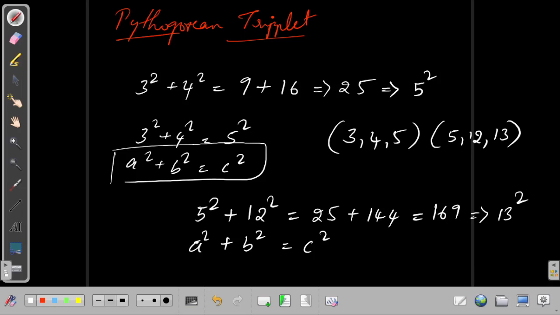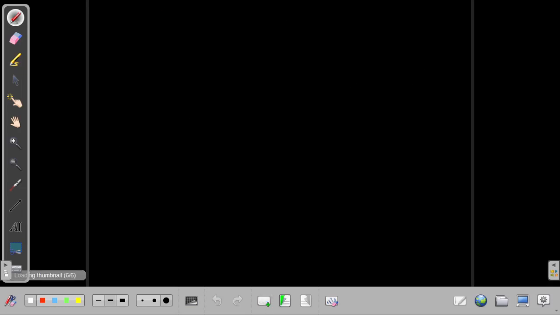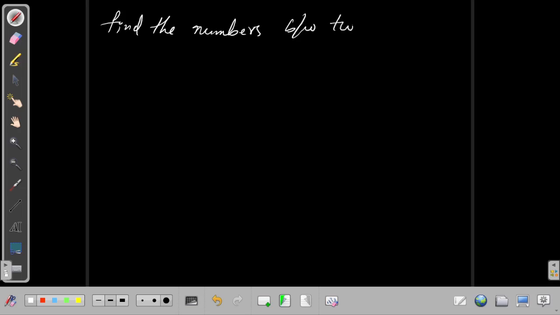Now we are going to find the numbers between two successive squares. Numbers means integers. Find the numbers between two successive squares.